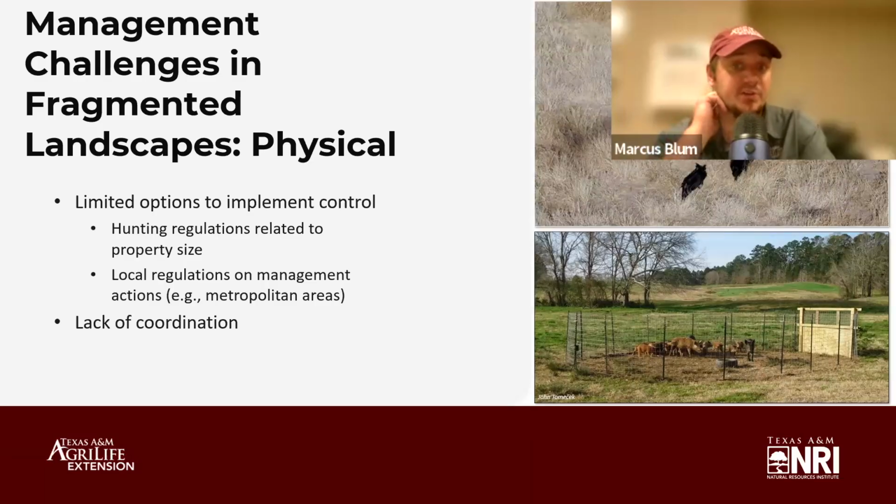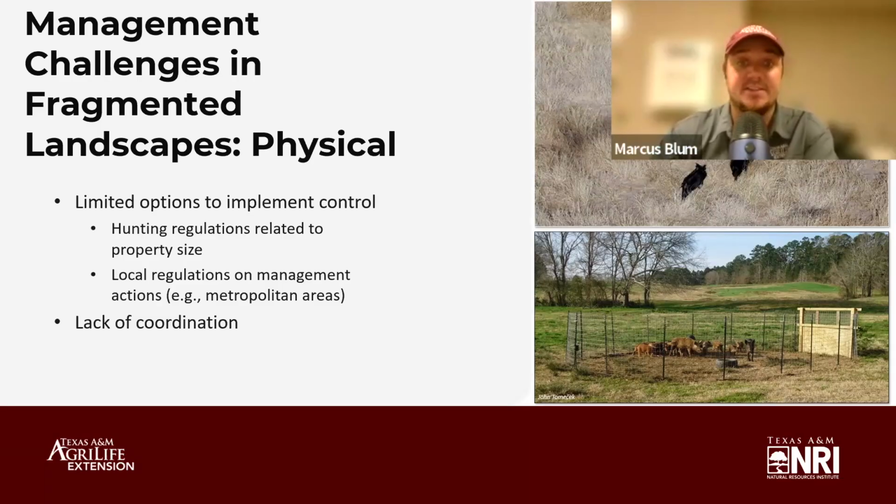So small properties also limit the tools and logistics available to landowners. Aerial gunning, large corral traps, or baiting operations require access to hundreds or thousands of contiguous acres to be effective. On 50-acre parcels, it is rarely possible to implement those methods safely or cost-effectively.